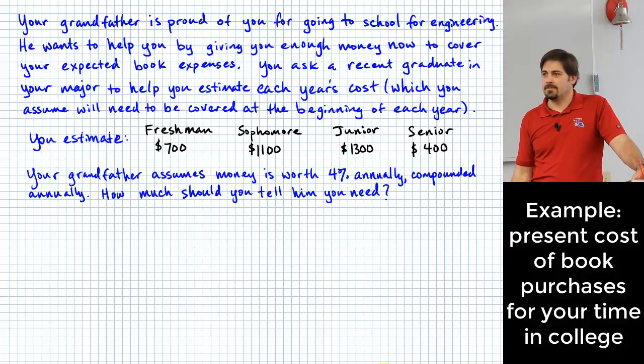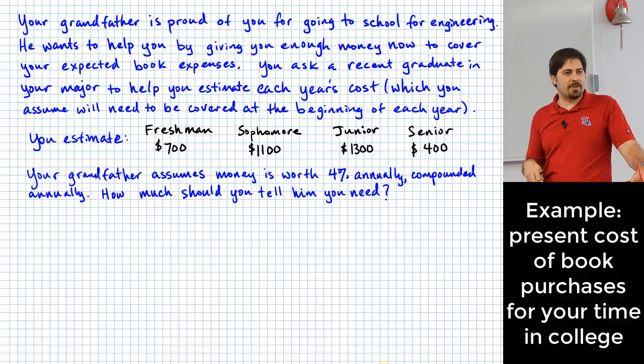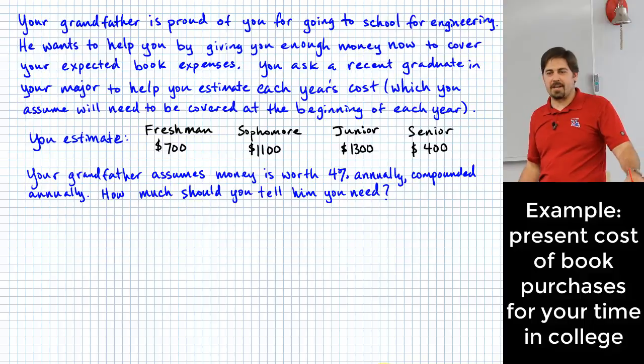Why should I give you that whole amount right now? You could invest that money during that period of time, and then I only need to cover a certain amount that's less than that so that you can then take that money and cover those books. So how much does he give you, or how much should you ask from him to really make him even more proud of you because you've really figured this out? So that's the question we're going to answer.